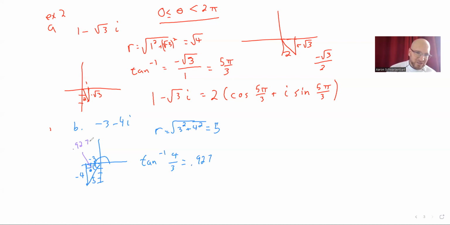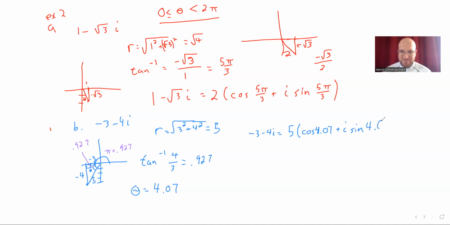So to get the actual angle, I must add pi. And that is equal to 4.07. So -3 minus 4i is equal to 5, my radius, times cosine 4.07, and this is again in radians, plus i sine 4.07. 4.07 radians, yes.